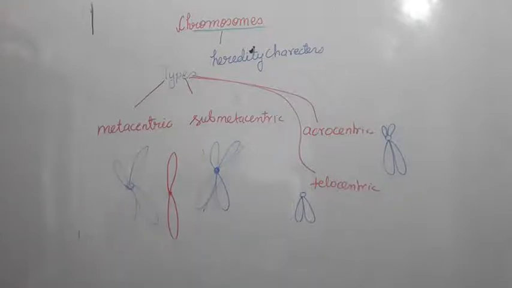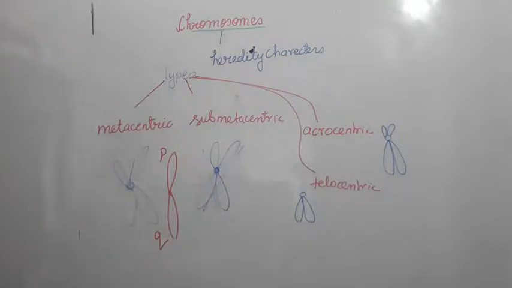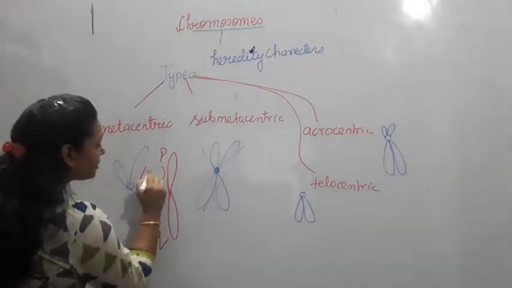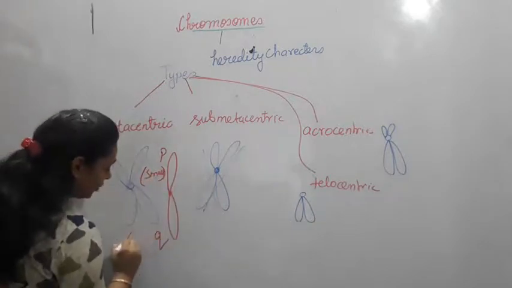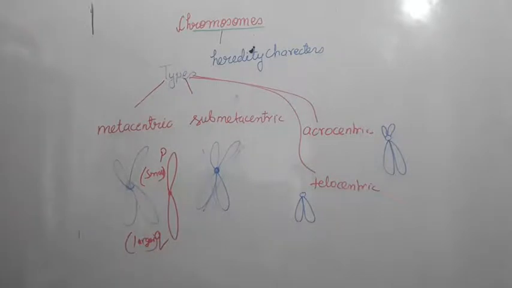One of the arms is called P and this one is the Q arm of this particular chromosome. You will always find that the P arm is small and the Q arm is the larger one. Okay, so this is about your chromosome arms.